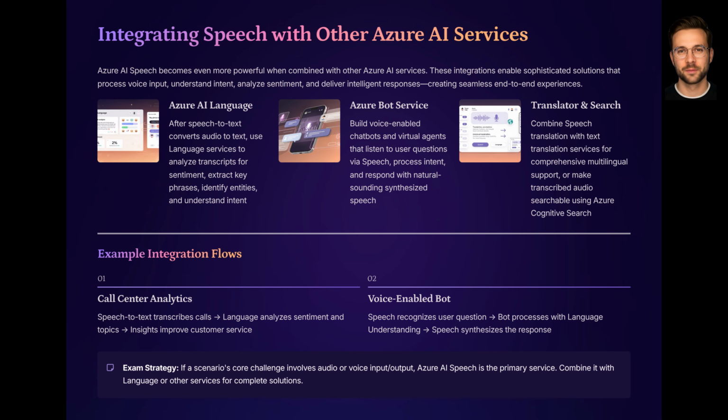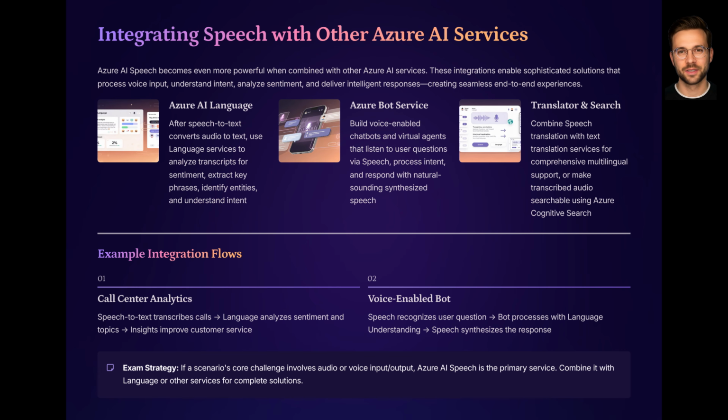A translation app might combine speech translation with a text-based translation service and a chat interface. In AI-900 scenarios, it's important to see where Azure AI Speech fits in the bigger picture. If the challenge is turning audio into text or text into audio, or translating speech across languages, then Azure AI Speech is the core service involved, often working alongside other Azure AI services.